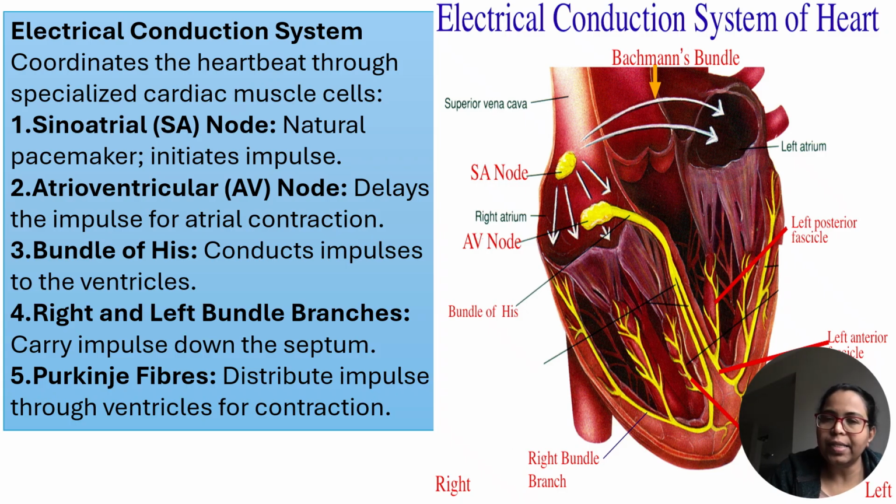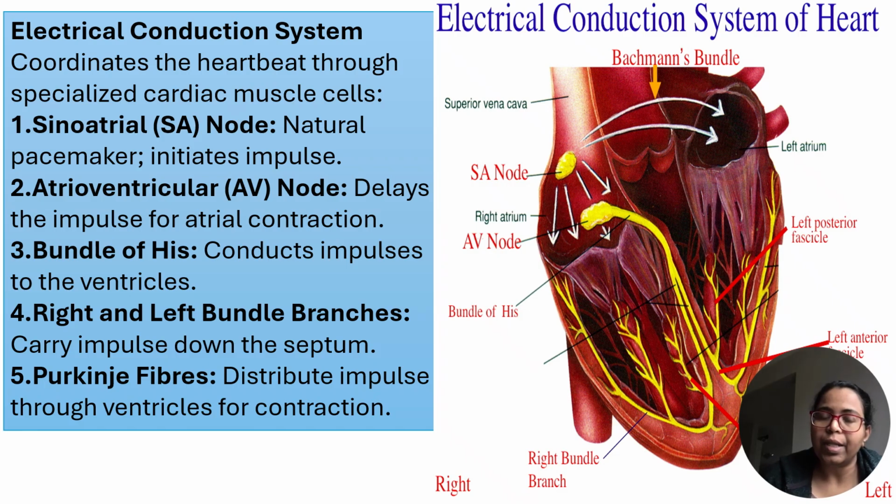The bundle of His is the main branch of nerve fiber which distributes along the septum, and its branches are called Purkinje fibers. These Purkinje fibers are distributed along the sides of the heart walls.